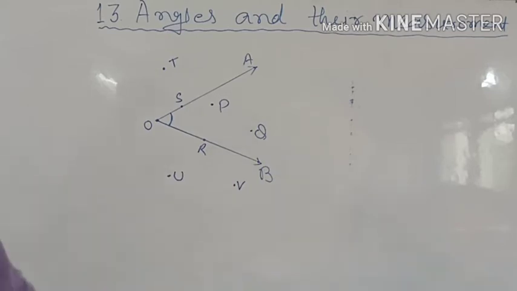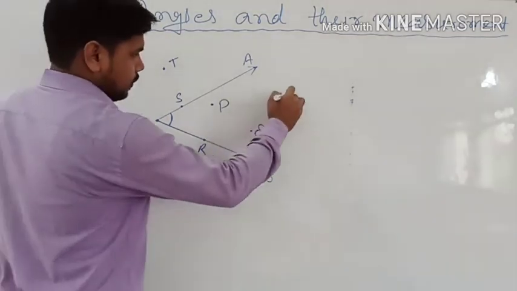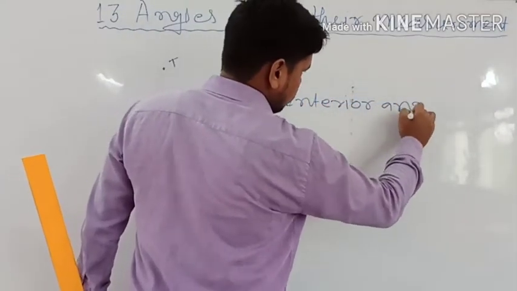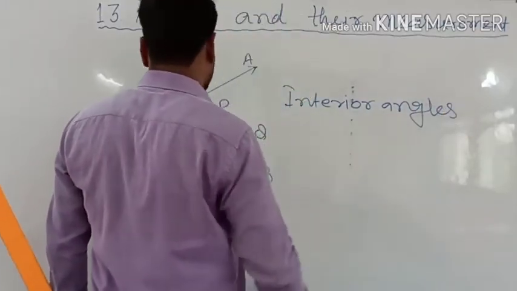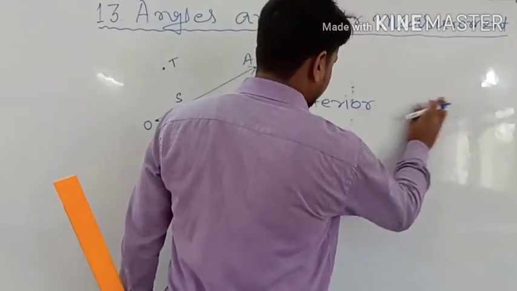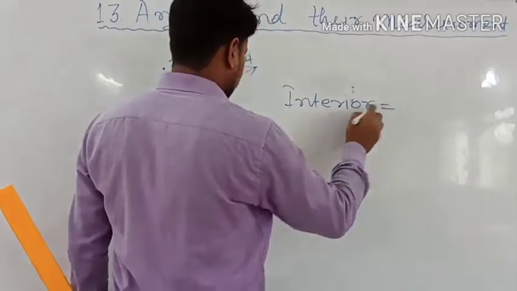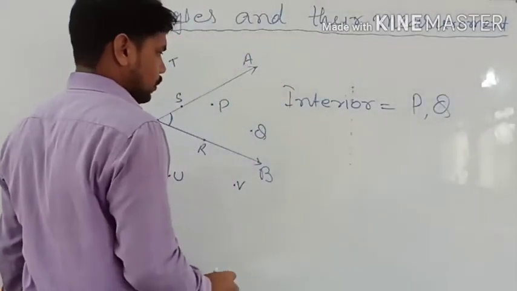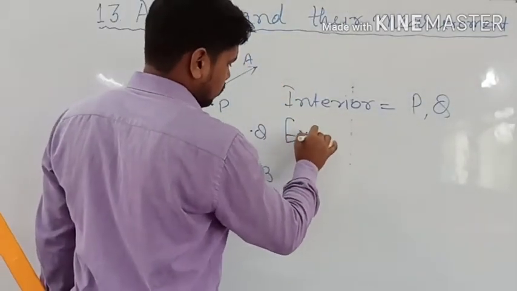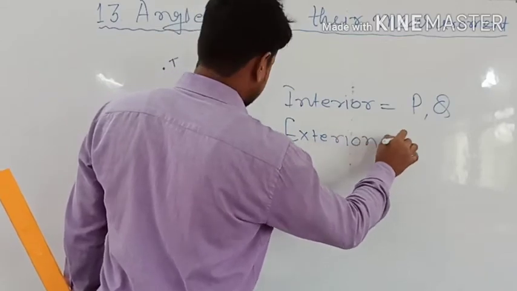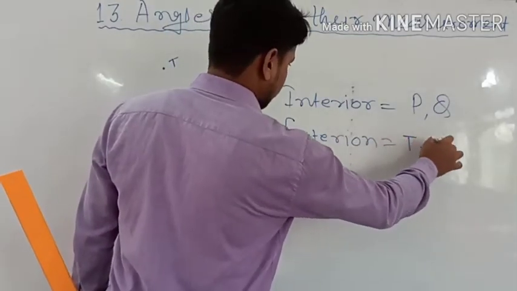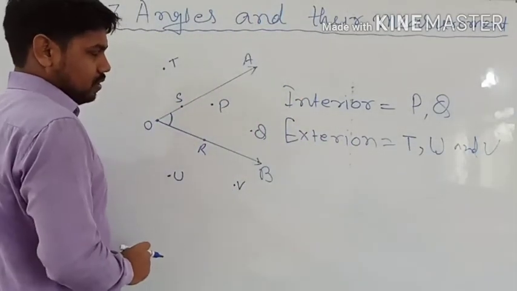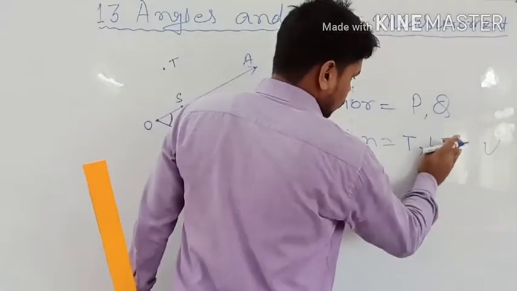So if you write like this: the points lying in the interior of the angle are P and Q. The exterior points are T, U and V. Exterior means outside of the angle.